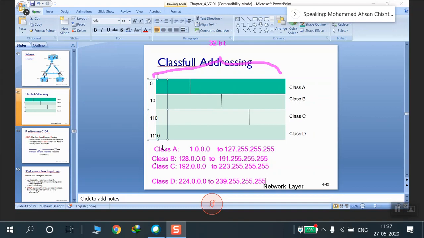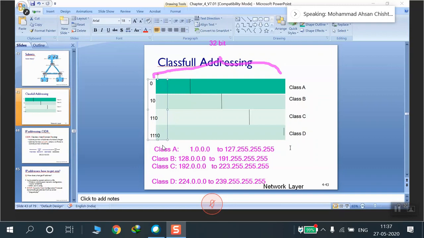However, the first bit is fixed as 0, so we would have 2 to the power of 7 networks available in class A. And what is the remaining part?